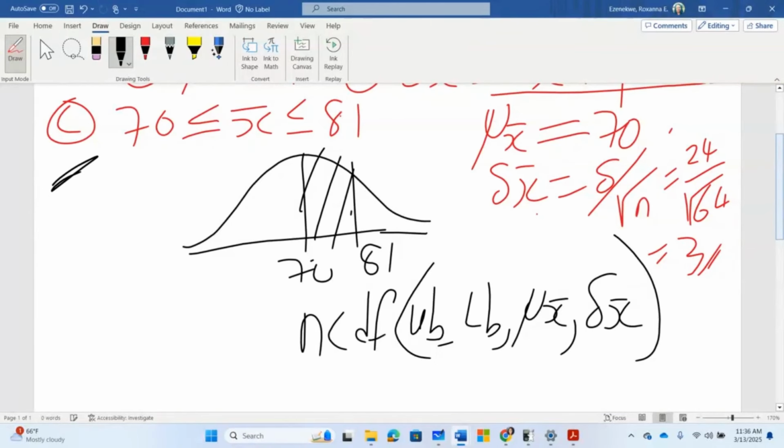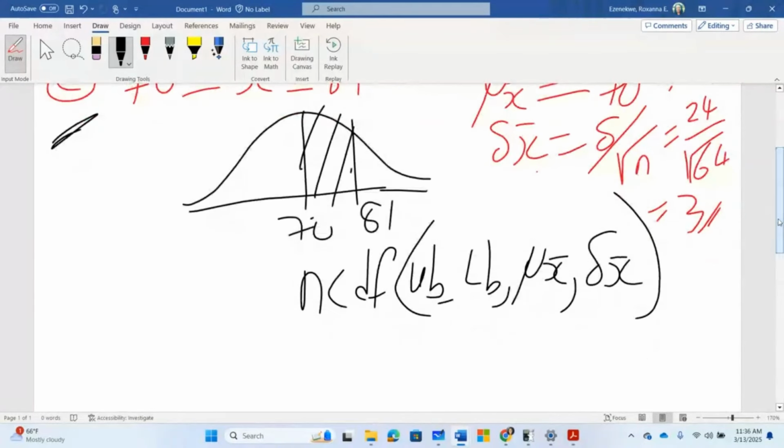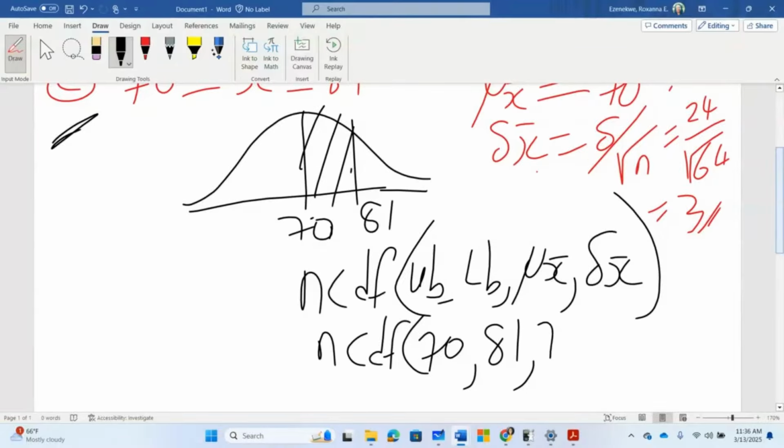Okay, so I'm about to answer question C. So question C says find the area between 70 and 81, normal cumulative density function, starting from 70, ending at 81. The mean is 70. The standard deviation is 3. Remember that the standard deviation was 24 before, but it is 3 now, because I am using the standard deviation of the mean of means.